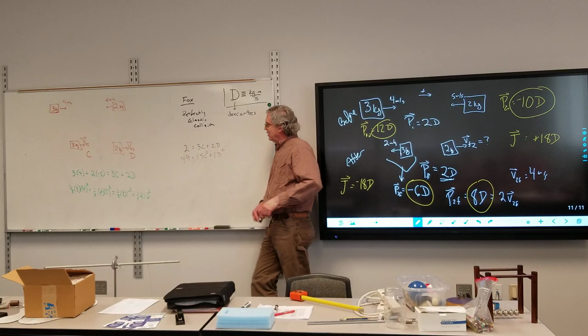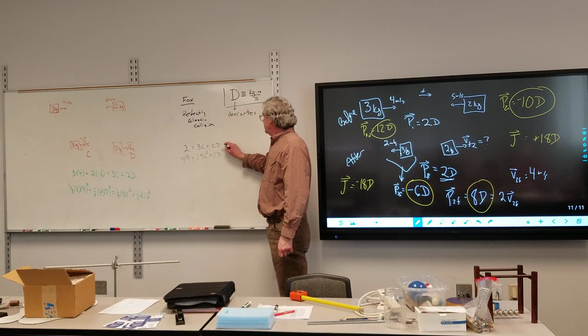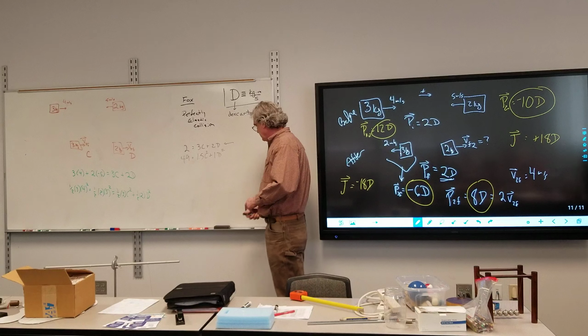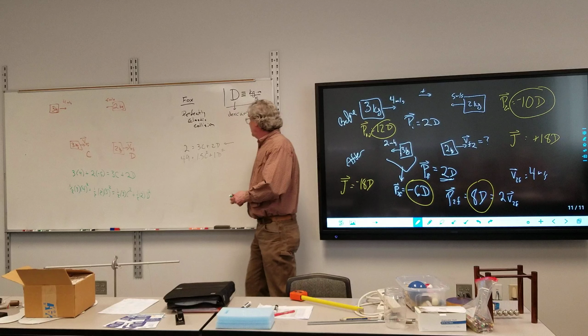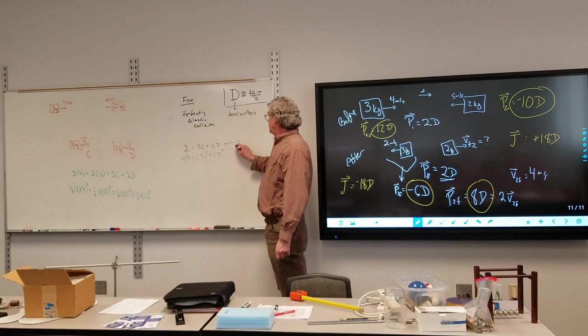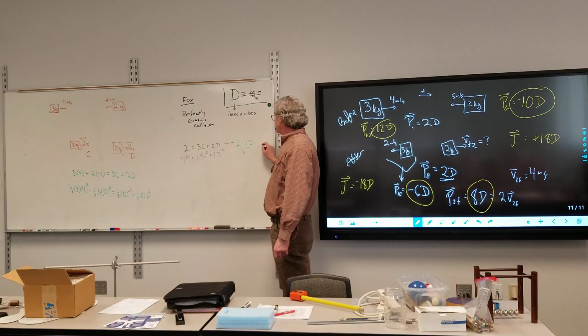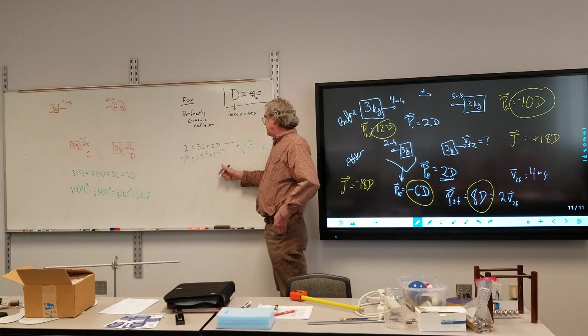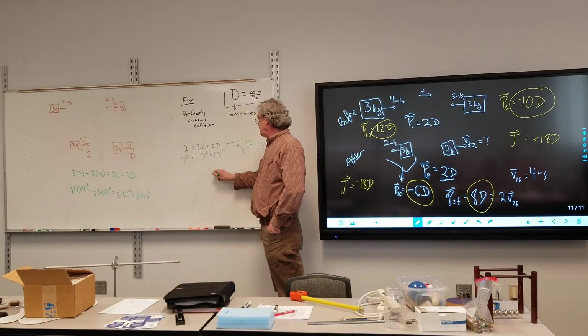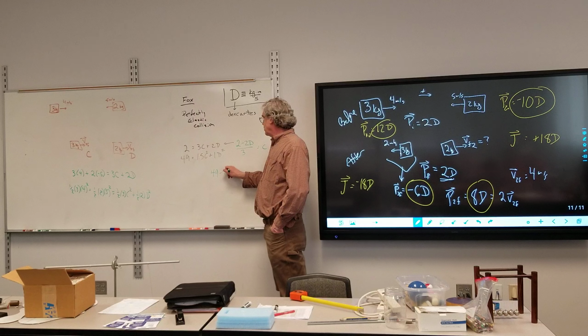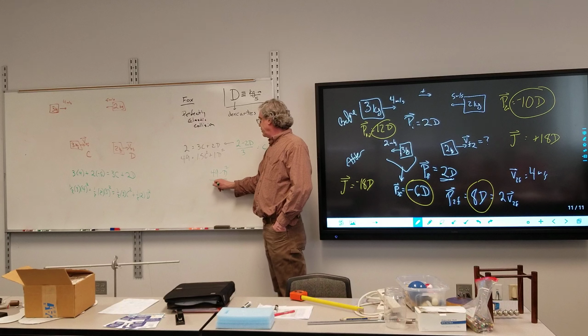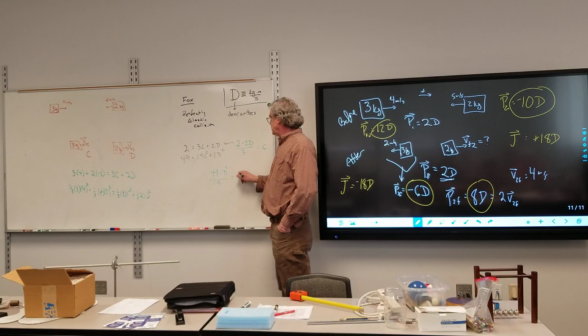All right, so in this one right here, we have 2 minus 2D divided by 3 equals C. And down here, we have 49 minus D squared over 1.5 is equal to C squared.